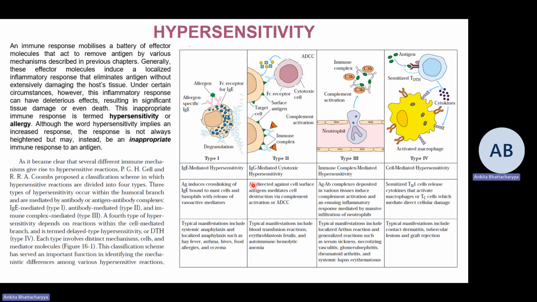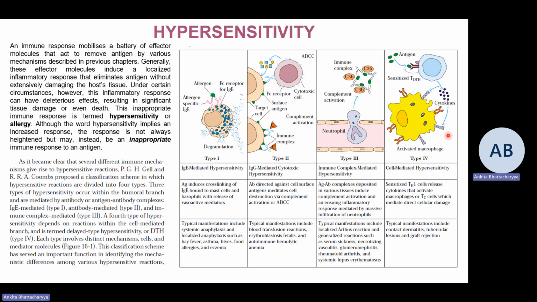Fourth is type 4, that is cell-mediated hypersensitivity. So you have a sensitized Th1 cell, which is releasing certain cytokines. Again, this is your antigen which is being presented and which is sensitizing a Th1 cell that is releasing certain cytokines, which are activating some macrophages or TC cells, mediating cellular damage.